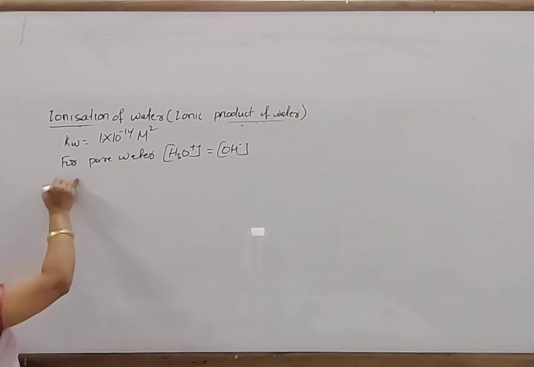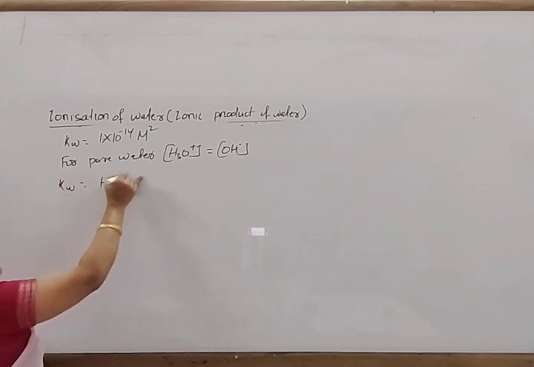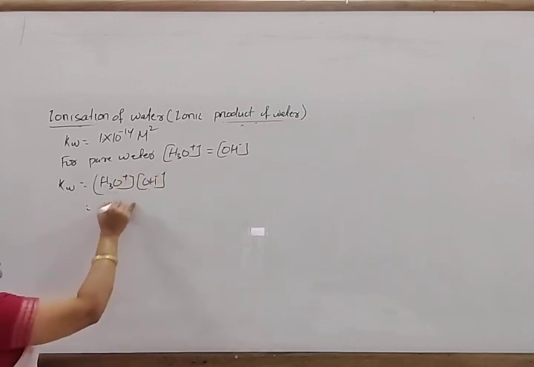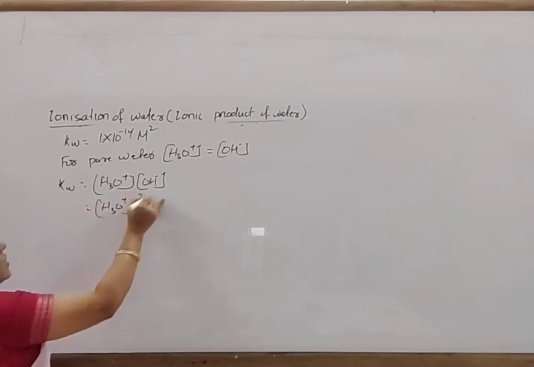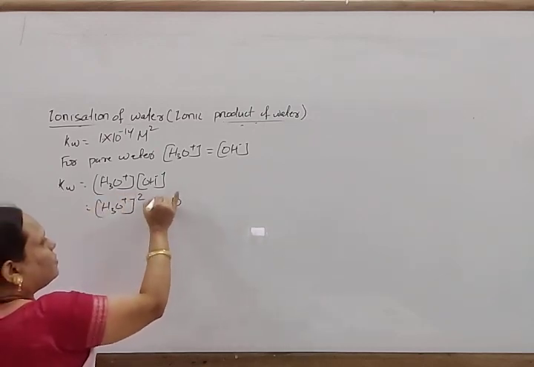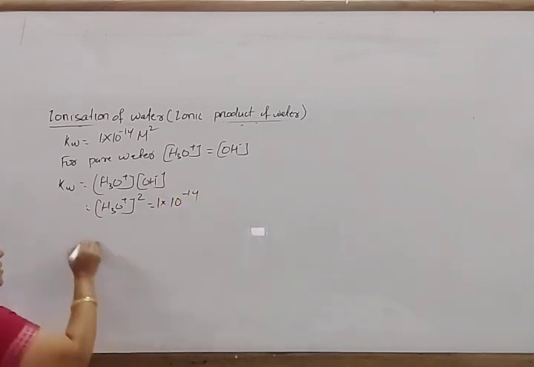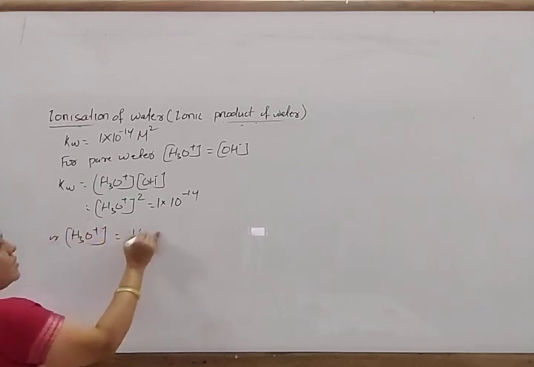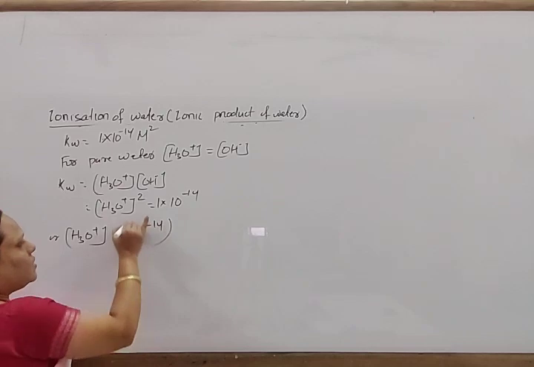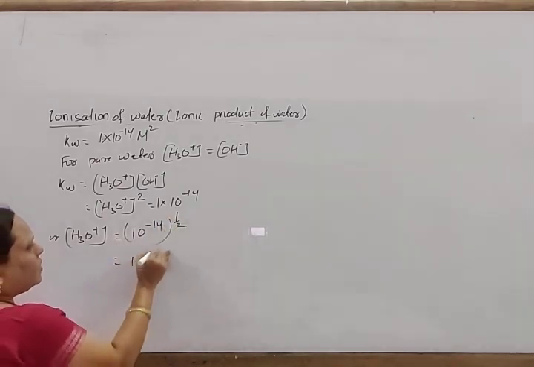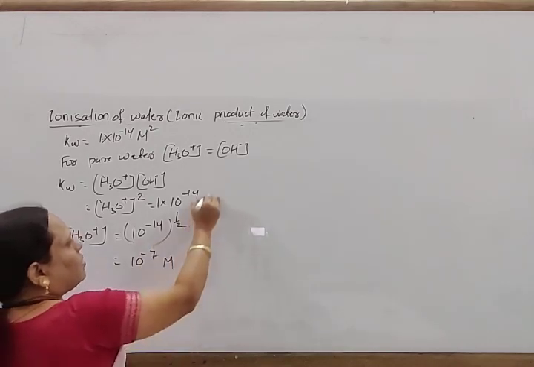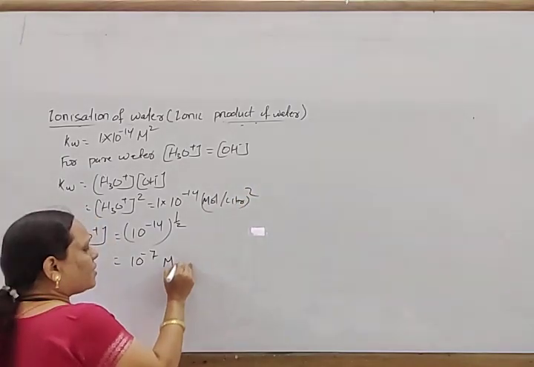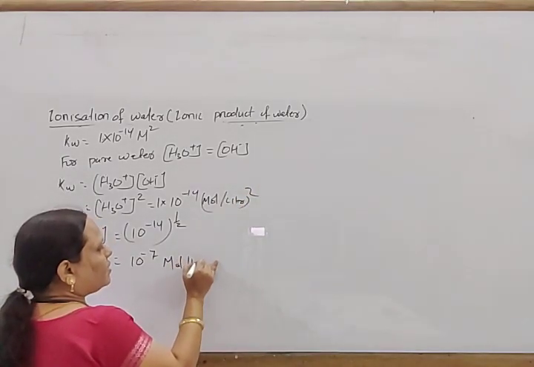In this way, Kw is equal to the H3O plus concentration into the OH minus concentration, that is equal to the H3O plus concentration square. And this value is 1 into 10 to the power minus 14, or the H3O plus concentration is equal to 10 to the power minus 14 to the power half, 10 to the power minus 7 mole per liter.